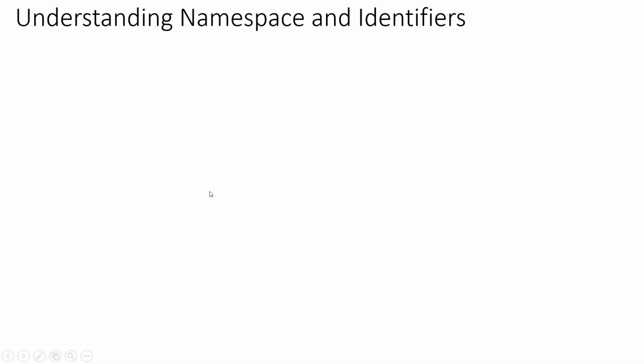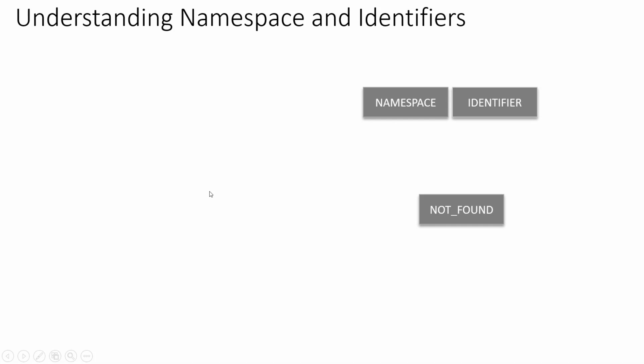Now let's understand the namespace and identifier construct. Why do we need namespace colon identifier? Why do we have this format? Take an example of a not found error. A not found error can occur in multiple scenarios.